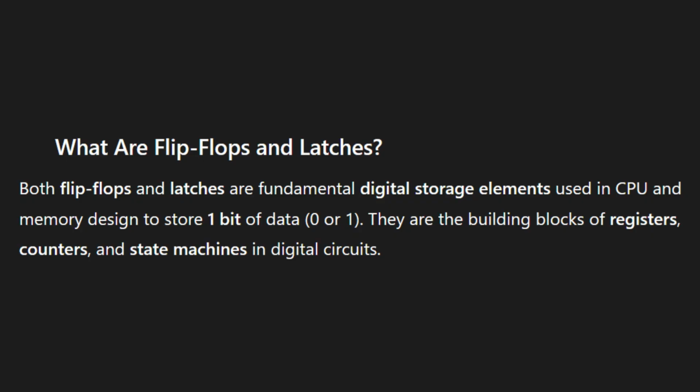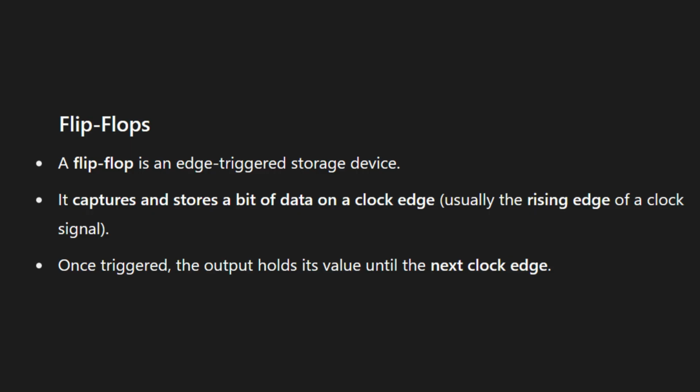They're the building blocks of registers, counters, and state machines in digital circuits. A flip-flop is an edge-triggered storage device. It captures and stores a bit of data on a clock edge, usually the rising edge of a clock signal. Once triggered, the output holds its value until the next clock edge.